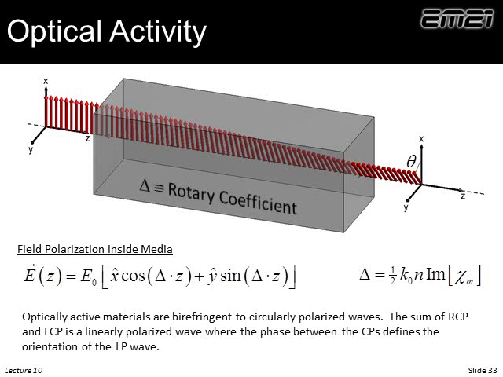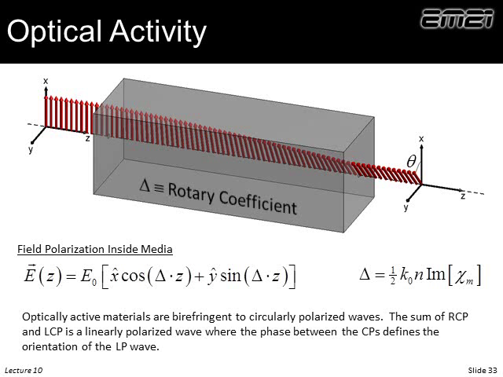So if we have a crystal that's chiral and birefringent, meaning your right-hand circular wave and your left-hand circular wave see two different effective refractive indices, well, they may enter in phase, but as they propagate through the crystal, the right and left-hand circularly polarized waves become out of phase, and in fact, the overall effective linear polarization rotates. So we can think of exciting this with a linear polarization, and it rotates.